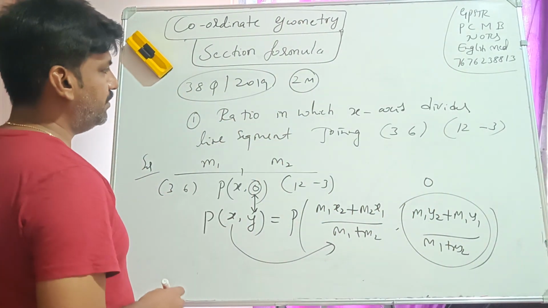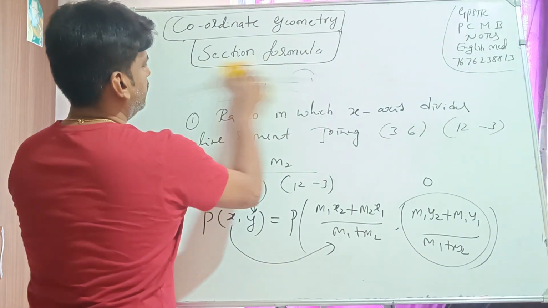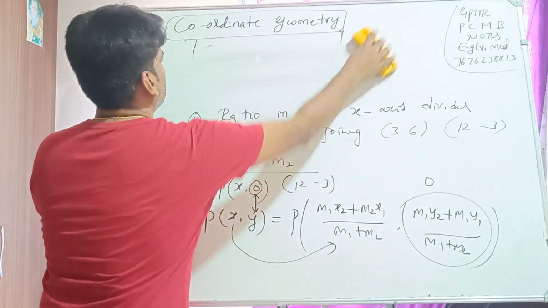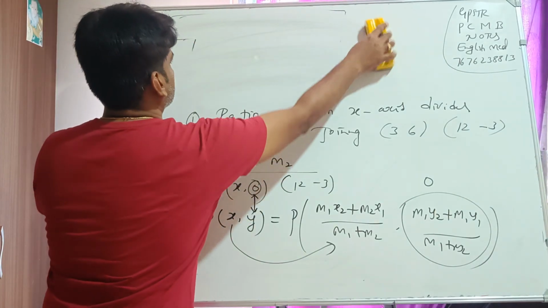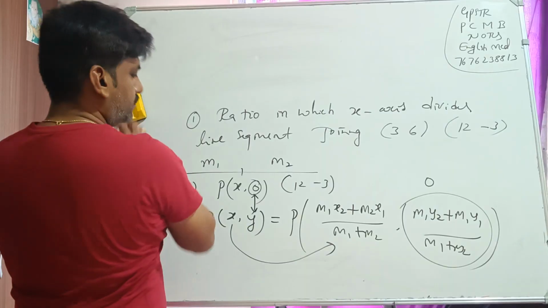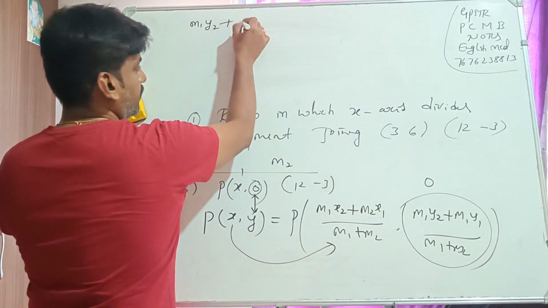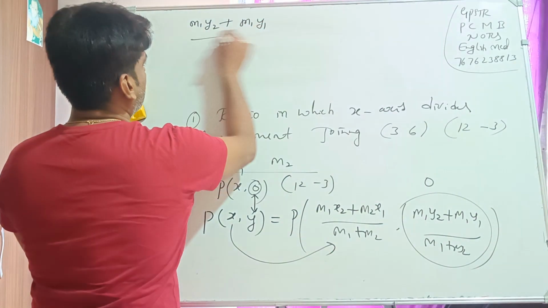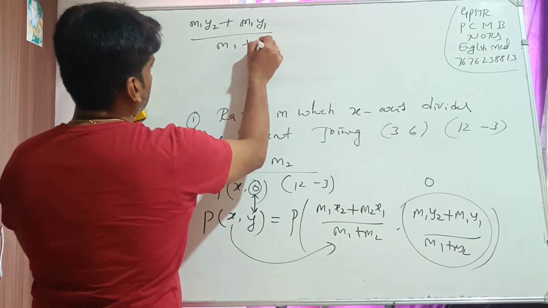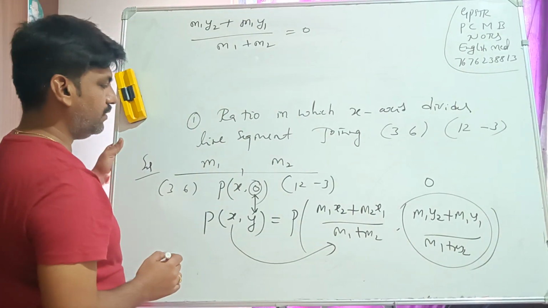So substitute that value as 0 and we'll see how exactly we should solve this problem, right? So now I will write m1 y2 plus m2 y1 divided by m1 plus m2 is equal to 0, right?